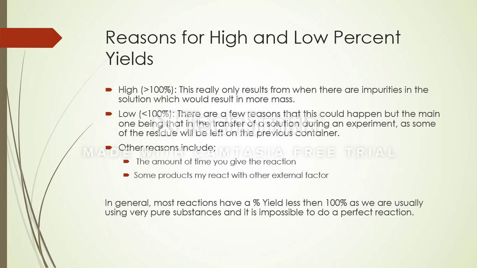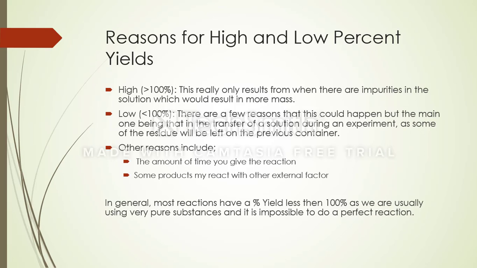Another reason is your products could react again with an external factor that isn't actually in your experiment. For example, say you are producing a pure metal, and after the pure metal is produced, it reacts with oxygen and oxidizes, which could lose mass, and therefore lower your percent yield.